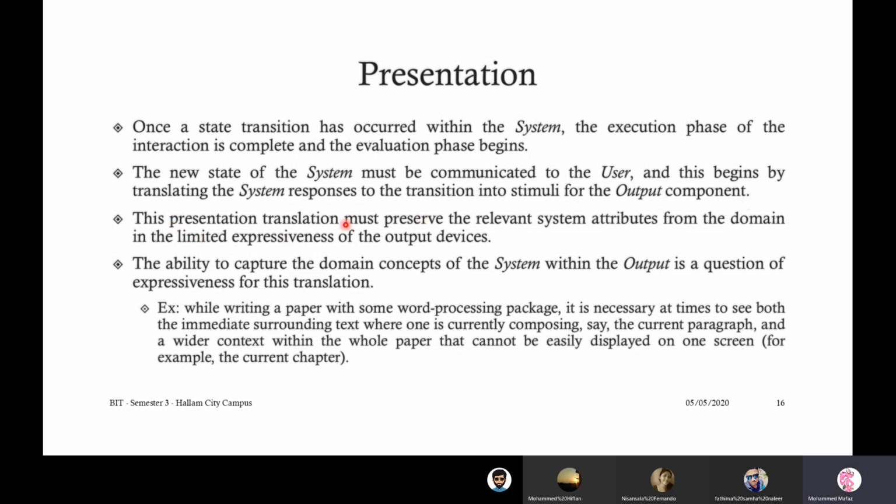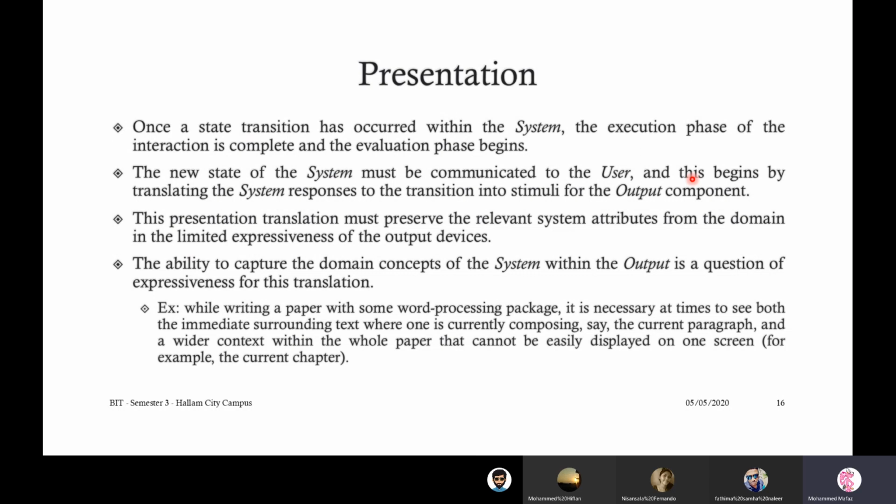So when you're presenting this translation, it must preserve the relevant system attributes from the domain in the limited expressiveness of the output devices. So this is a challenge. When you're presenting something from the system to the output, the system has the total answer of what the user has tried to achieve.